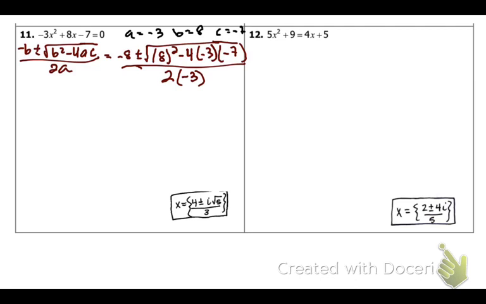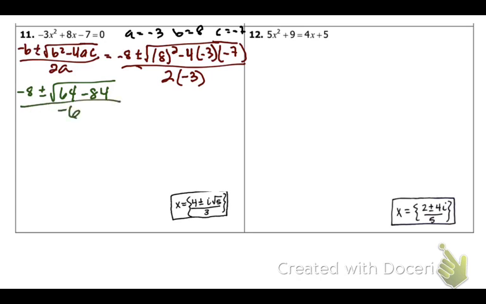Okay, so I'm going to solve this. Negative 8 plus or minus 64. Now you're going to have the negative 4. So negative 4 times negative 3 times negative 7 is going to be negative 84 all over negative 6.